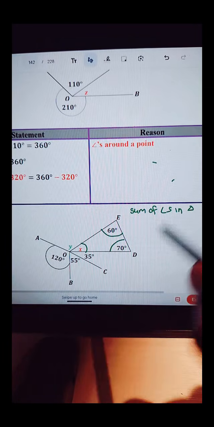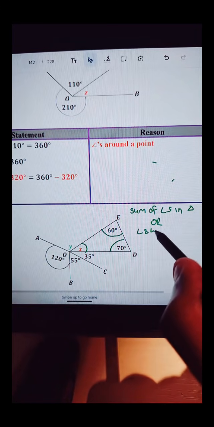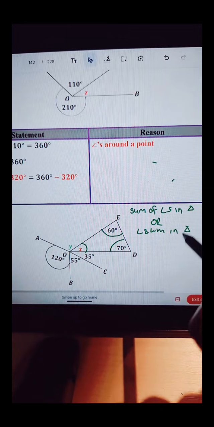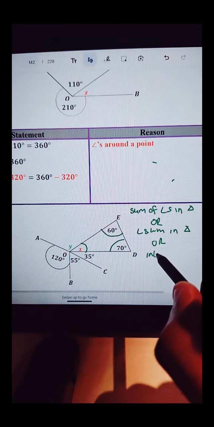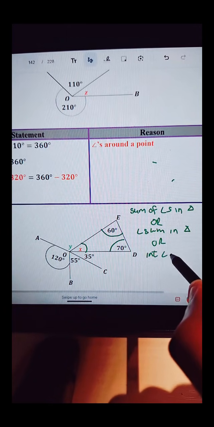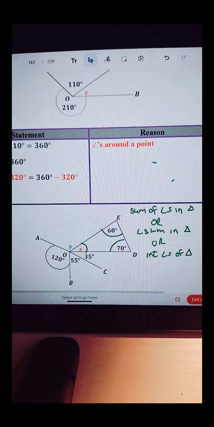Or you could say angle sum in triangle. Or you could say interior angle of triangle. So any one of these three is fine. But to say isosceles triangle, that reason doesn't hold.